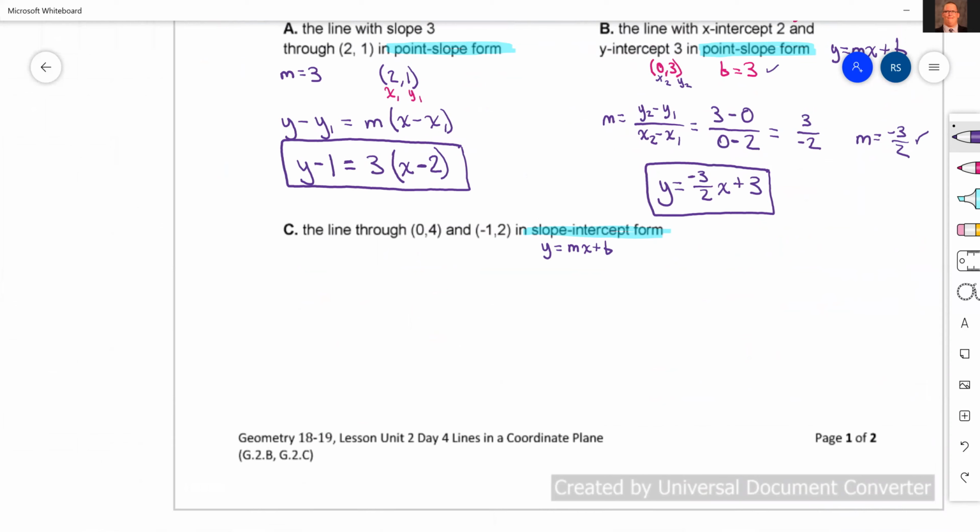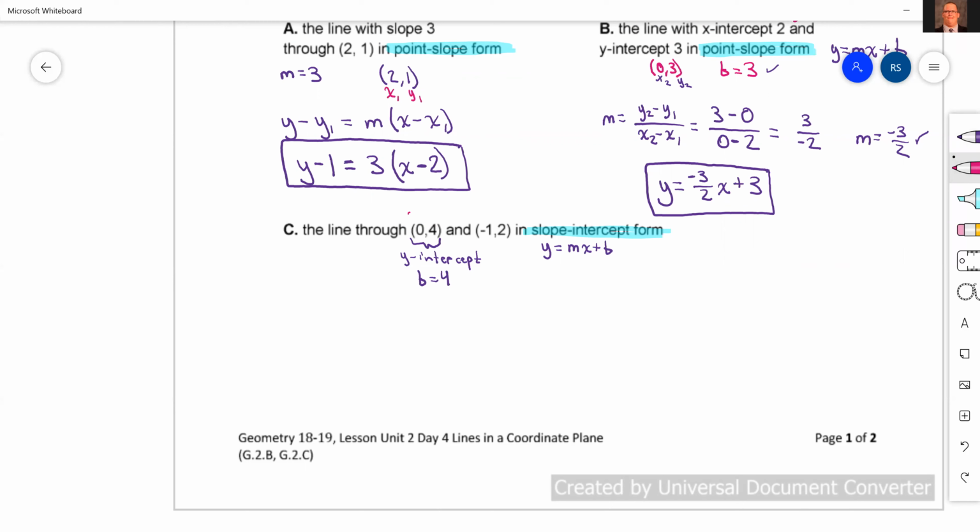Okay, well, this 0, 4, this is my y-intercept. So that means b is equal to 4. Great. Now I got to find m.